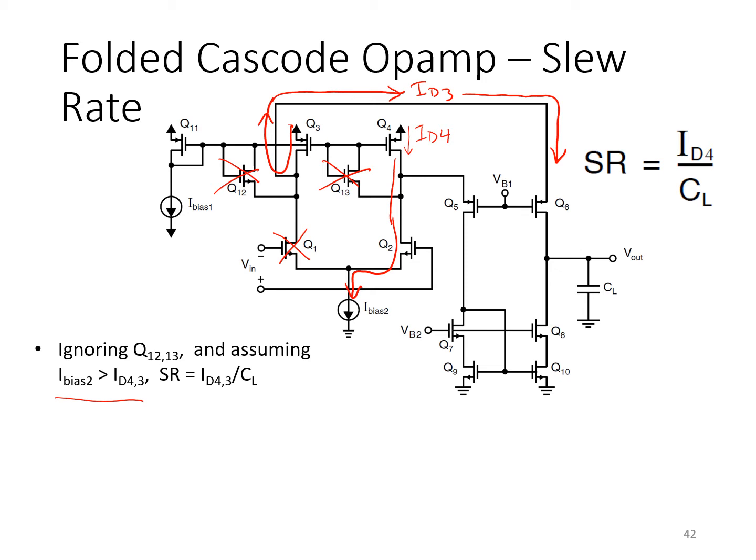So therefore, there's absolutely no current flowing this way. Q5 turns off. These transistors are all off. There's a mirror there, so these transistors are conducting zero current. So as it turns out, all of ID3 flows through here in this condition and goes on to the capacitance CL. Therefore, the output just increases linearly with a slope of ID3 over CL.